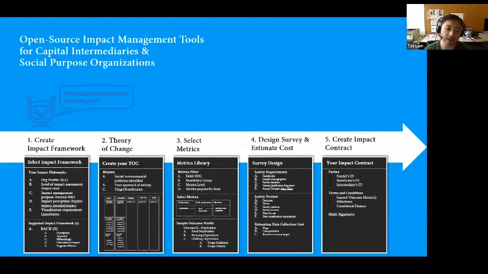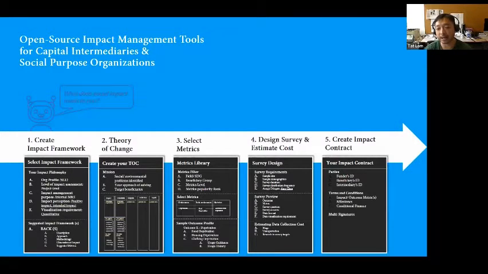This whole process is really trying to lower the threshold of impact measurement. But the process of creating your mandates or your impact measurement frameworks is still very professional.